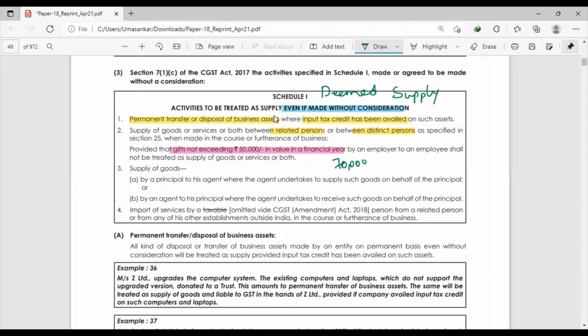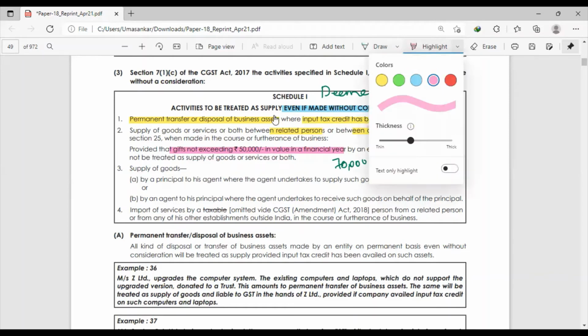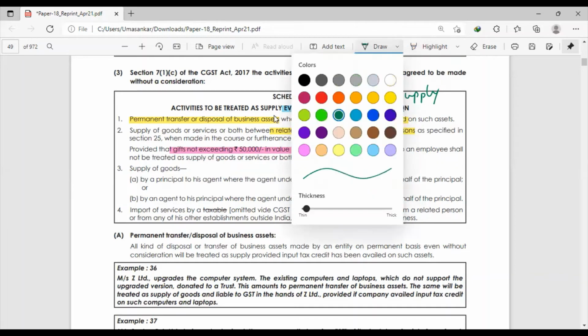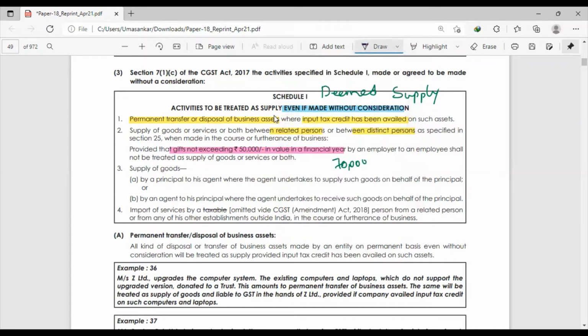Next, supply of goods by principal to his agent, where the agent undertakes to supply such goods on behalf of the principal, or by an agent to his principal, where the agent undertakes to receive such goods on behalf of the principal. What do you mean by this? See, principal to agent, and here agent to principal.